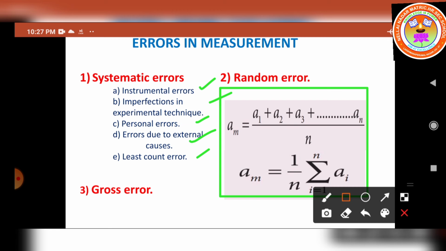Otherwise, we can write in the summation format, Am is equal to 1 by n summation i equal to 1 to n Ai. Usually, this arithmetic mean is taken as the best possible true value of the quantity.